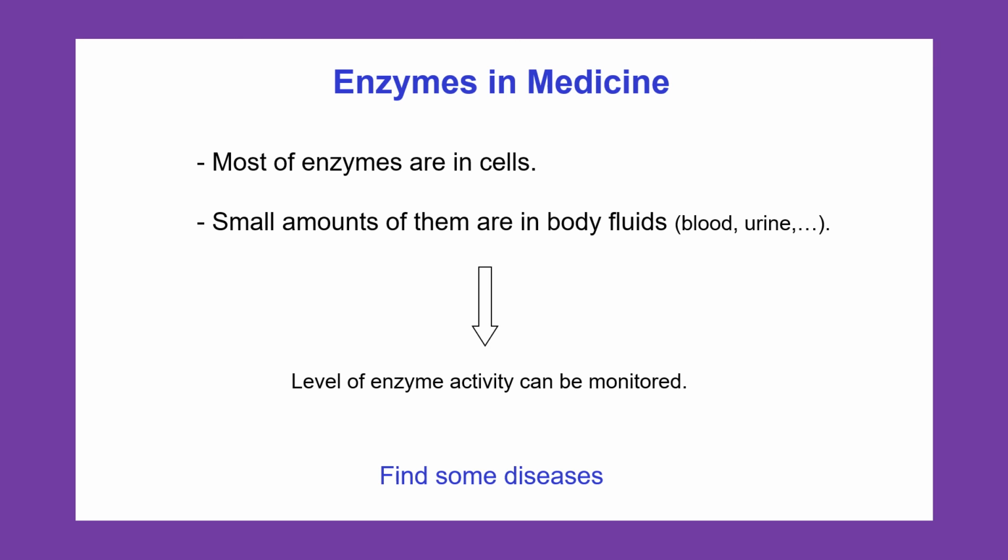Abnormal activity of particular enzymes, that is, if their amount is either high or low in various body fluids, signals either the onset of certain diseases or their progression. So, by monitoring the level of enzyme activity in our body fluids, we can diagnose certain diseases and their progression.